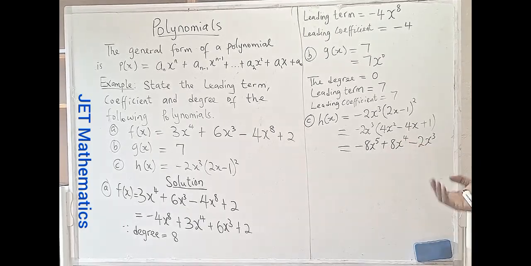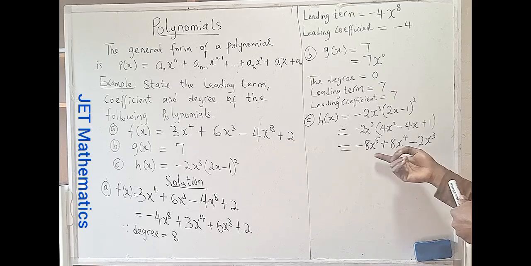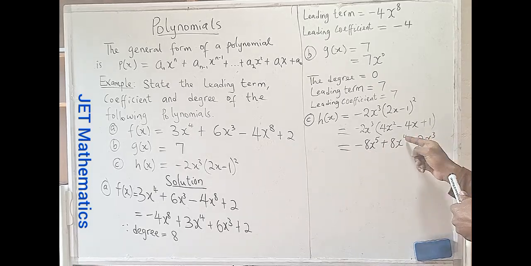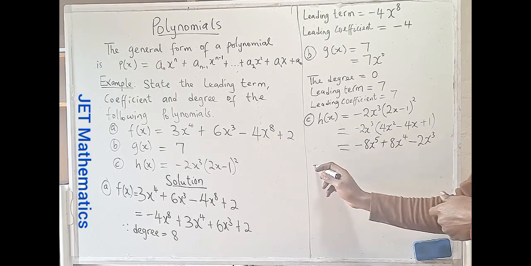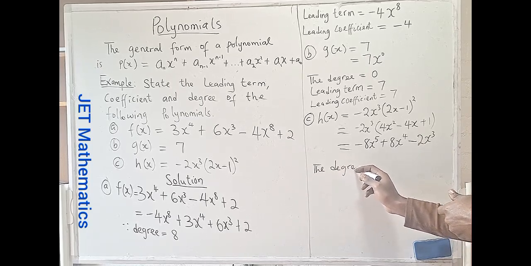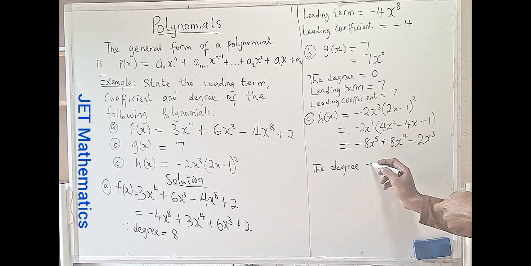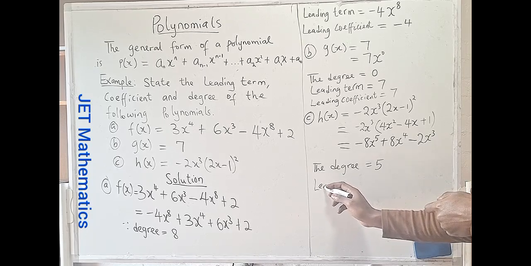So this is the final state of the expansion. What do we get from here? You discover that the highest power in this polynomial is 5. So the degree is equal to 5.